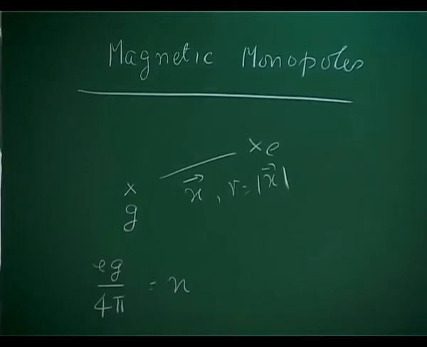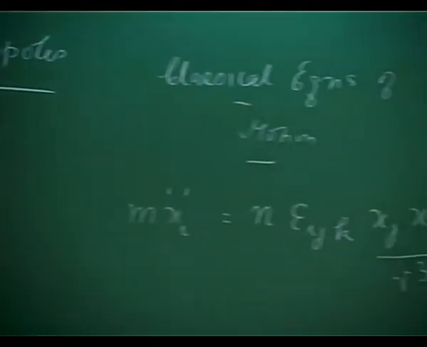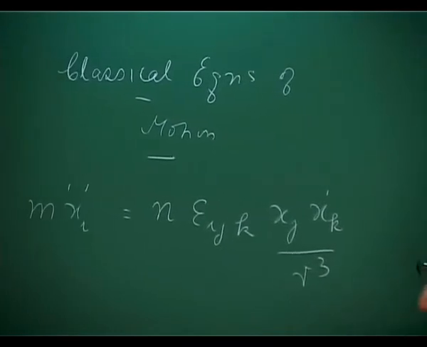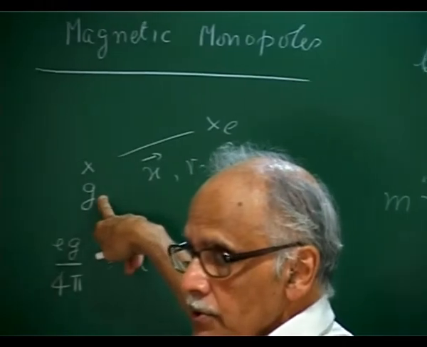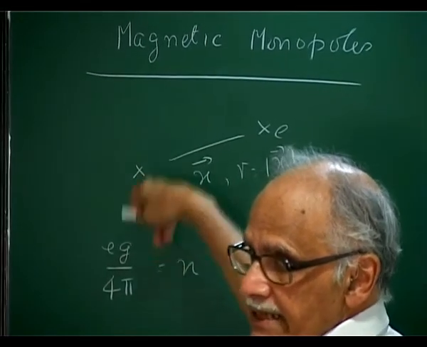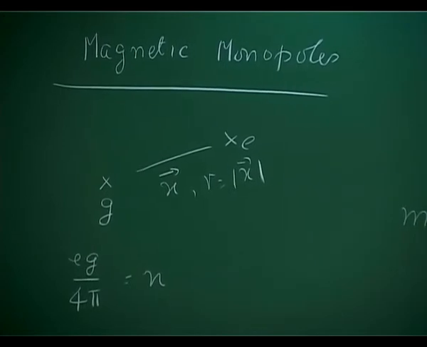Now, the right hand side is just the Lorentz force term, where the magnetic field of the monopole is G times x over r squared. Okay. So you write E cross B, you get this.